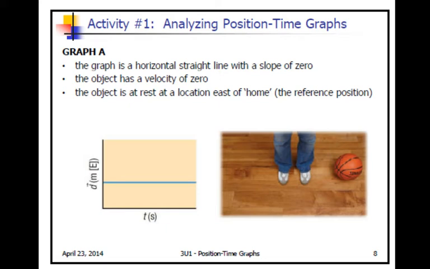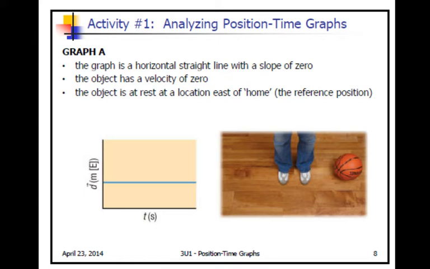But neither the person nor the basketball is changing their position, so the velocity would be 0, because if we found the rise over run of a horizontal line, it would be 0, and essentially we have no motion happening. That is one type of graph you might see.